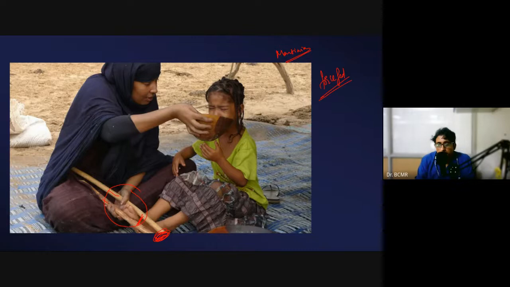And this is her child, and she is feeding her camel milk or goat milk that is available, because it is in their culture that the child should look obese, and obese is a sign of affluence, a kind of pride, a sign of richness. So they force feed to make the child obese.